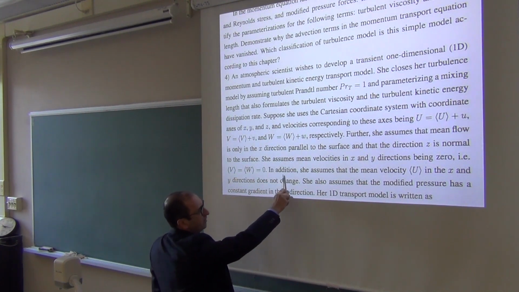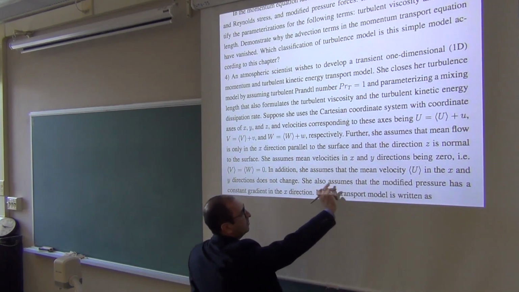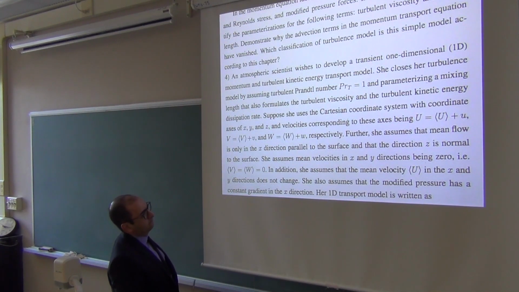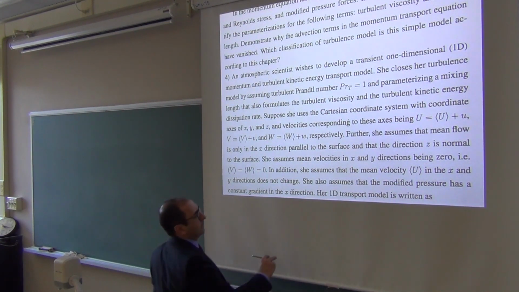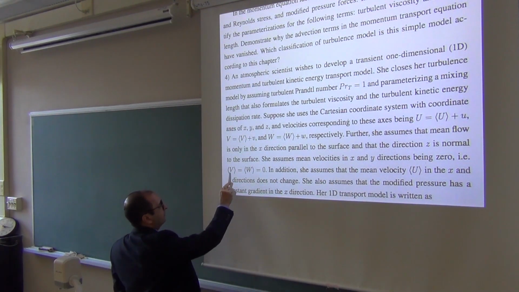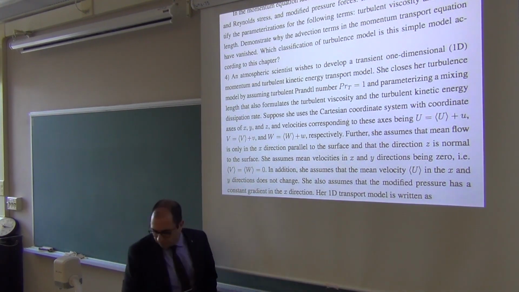So she assumes mean velocities in the y and z directions are 0. Actually, this should be the y and z directions, i.e. v and w are 0.